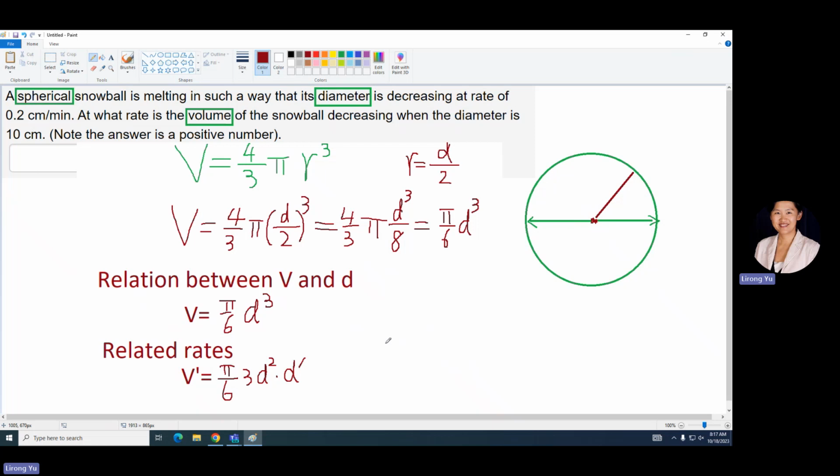We don't write it out as often, but understand that whenever we talk about rates, per minute, per hour, per second, the underlying variable is t. Therefore there are actually two separate functions. d, the diameter, is a function of time, and V, the volume, is also a function of time.